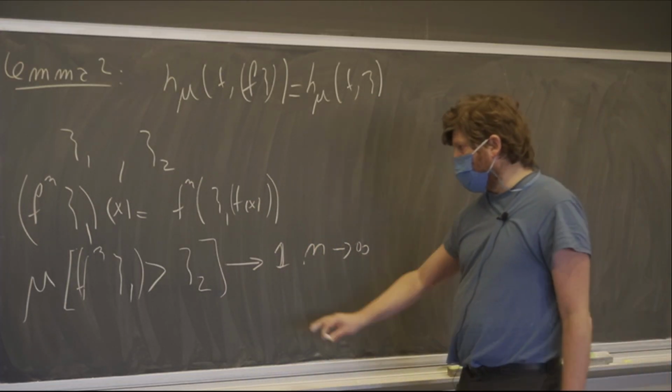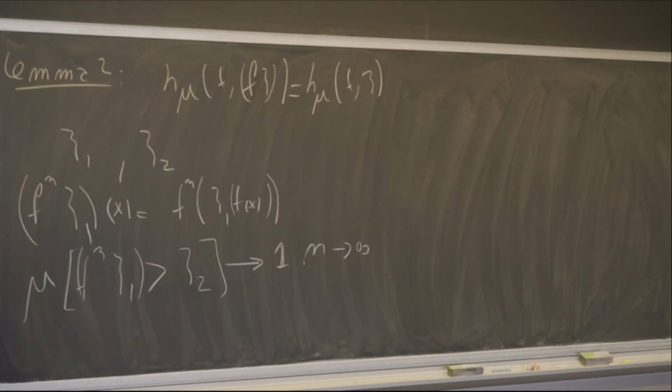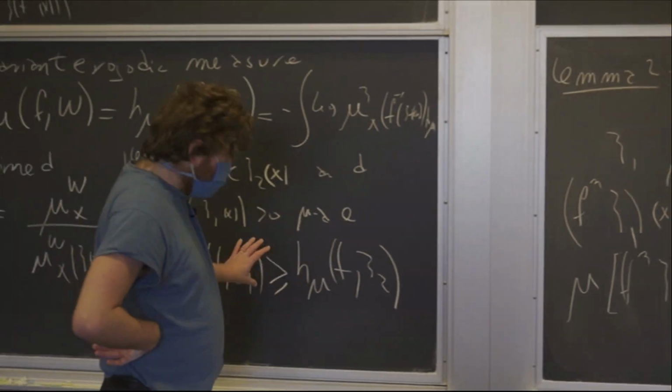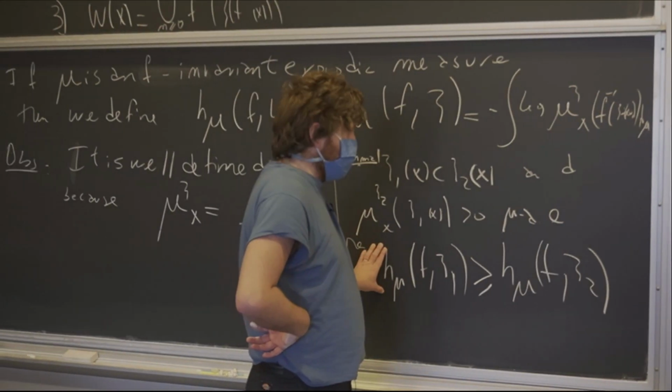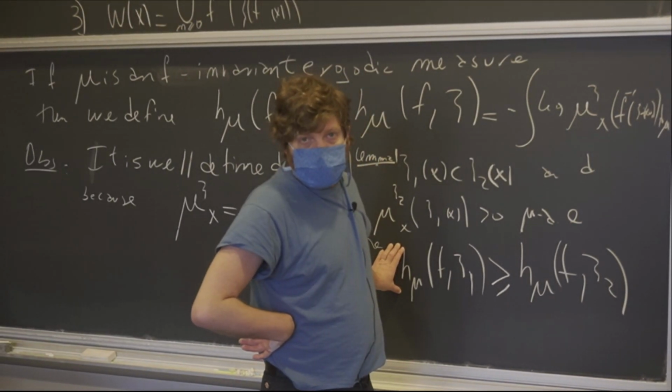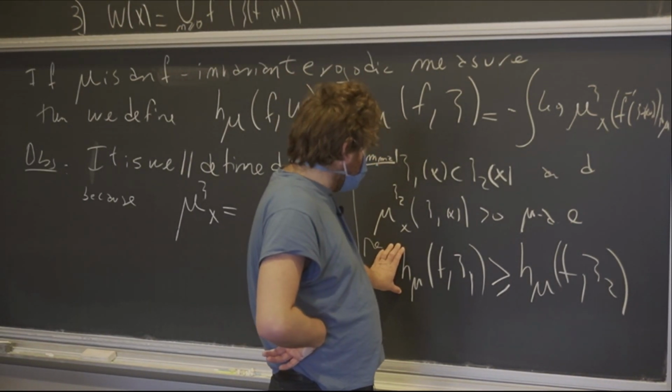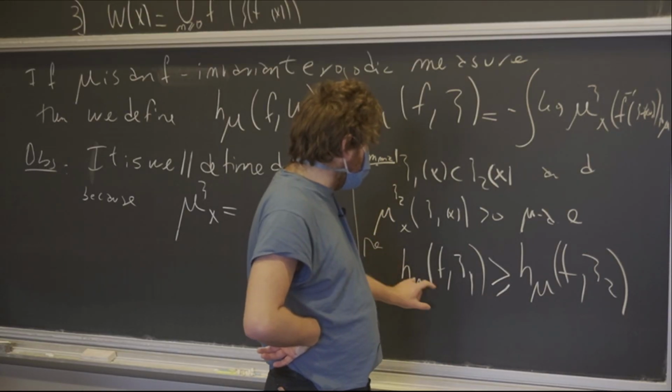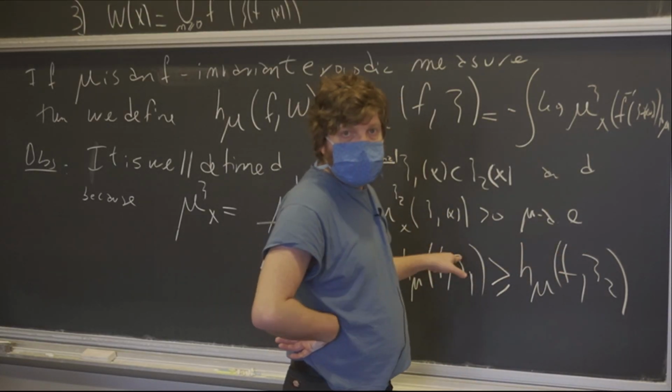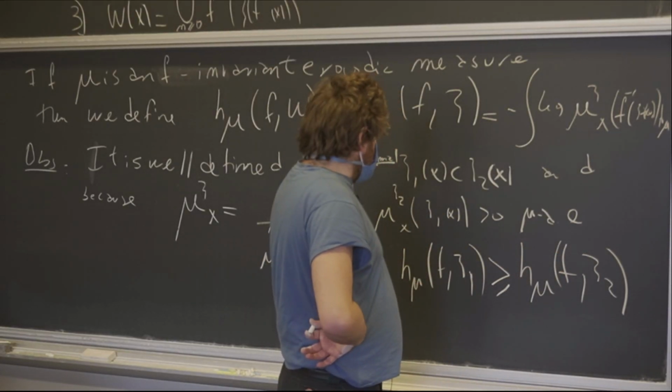And then once you have this, you go to this statement here, not quite to this statement, but to the proof of this statement, and you get this property here. Okay?